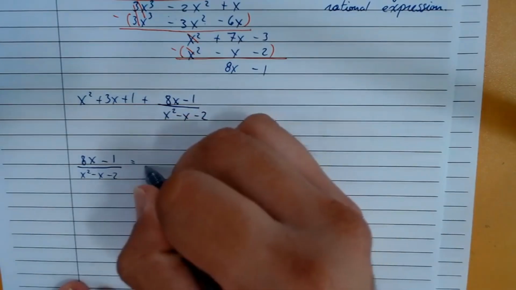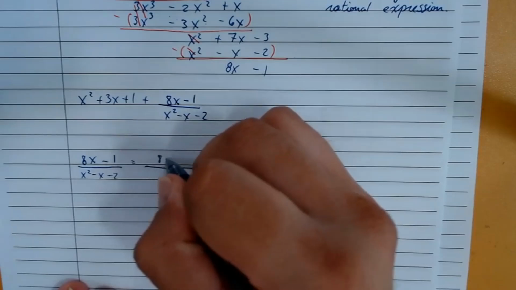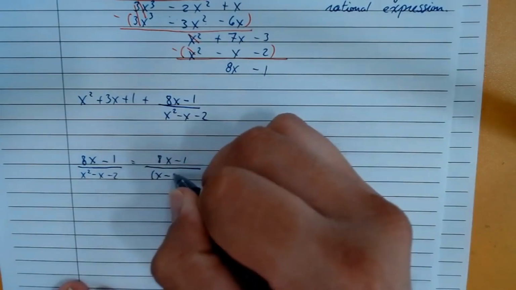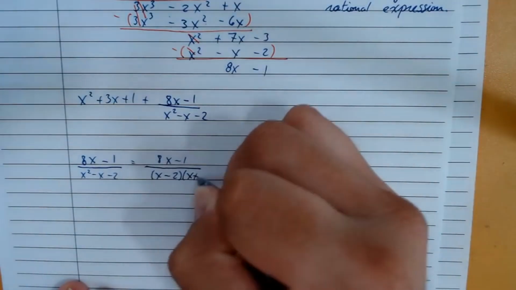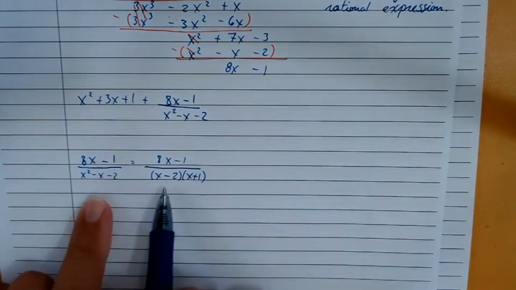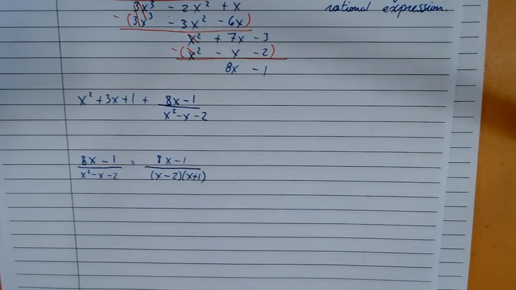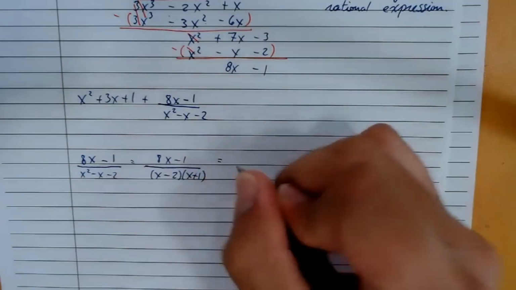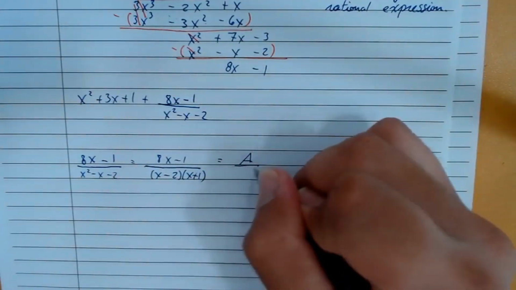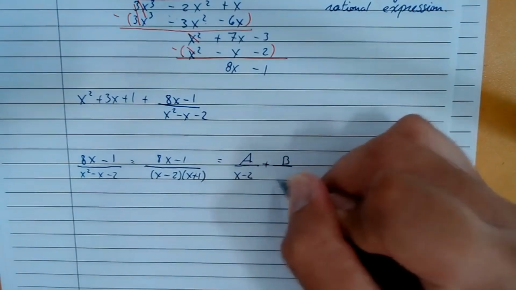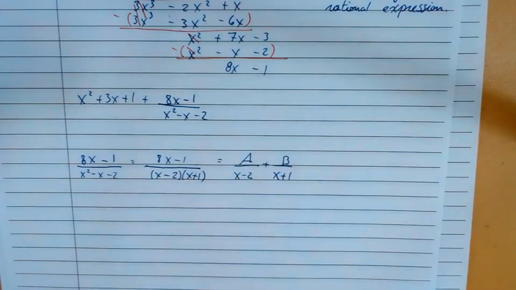This separates out as 8x minus 1 over x minus 2 times x plus 1. That's a factorization. And since those are distinct linear terms, we wrap things up going back to case number 1. So here that's going to be A over x minus 2 plus B over x plus 1.